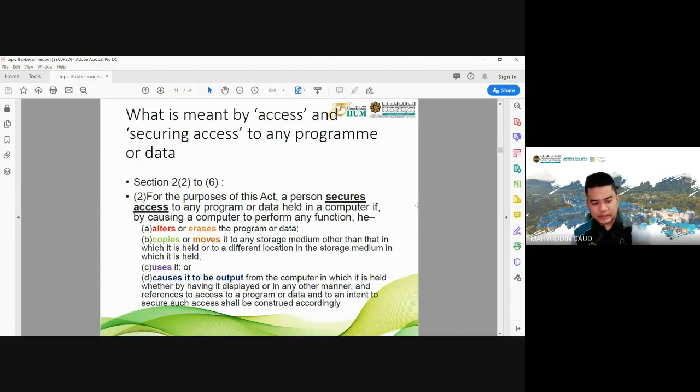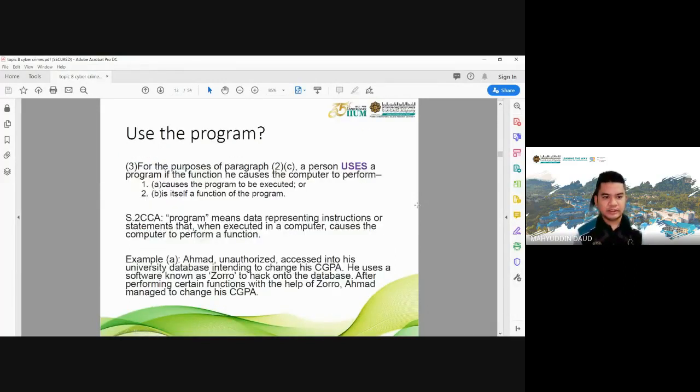By the way, if you look at the purple one, he uses it. What does it mean by he used the program? This is defined under section 2, clause 3. A person uses a program if the function he causes the computer to perform, A, causes the program to be executed, or B, is itself a function of the program.